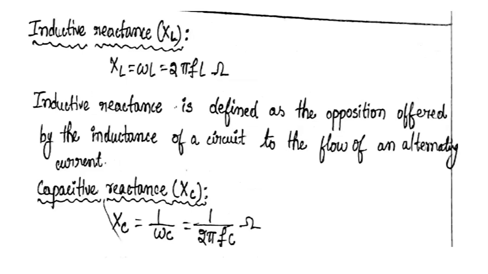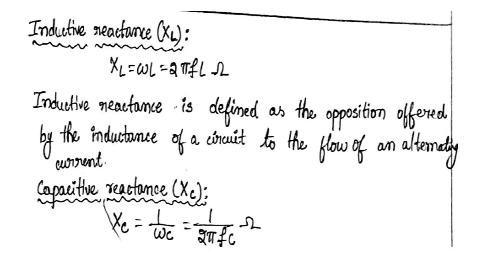Here we come across inductive reactance XL and capacitive reactance XC. XL equals omega L equals 2 pi fL. Inductive reactance is defined as the opposition offered by the inductance of a circuit to the flow of an alternating current.